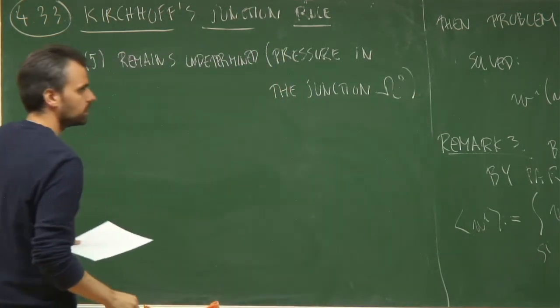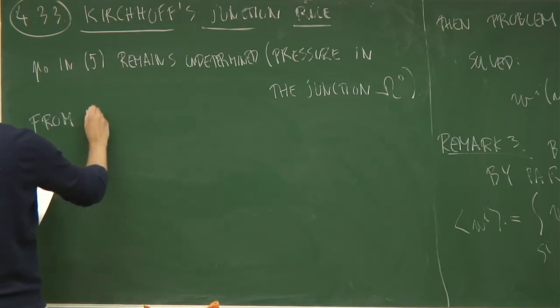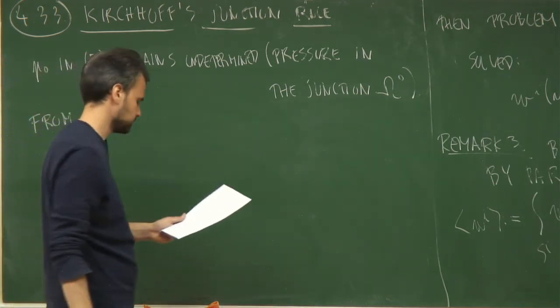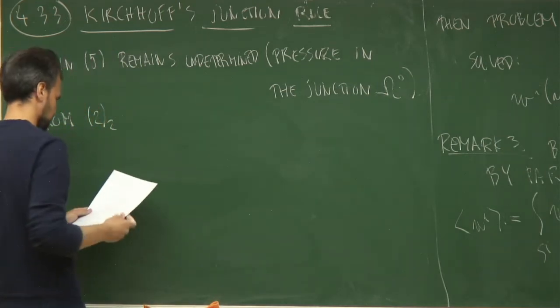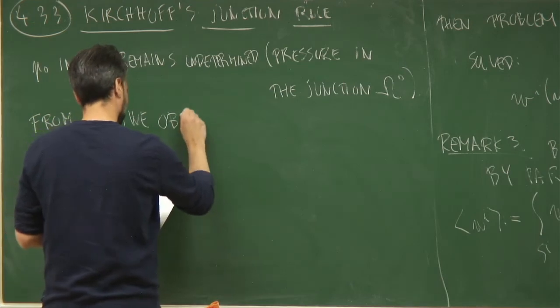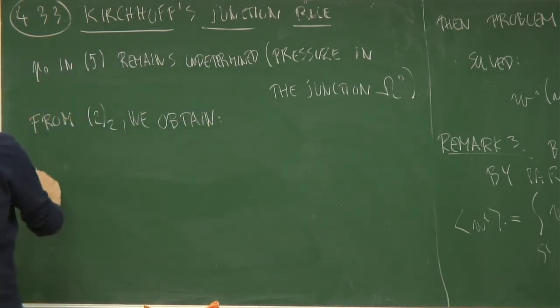omega 0. So first, from 2, you obtain the following. So this is the divergence equation, equation 7.